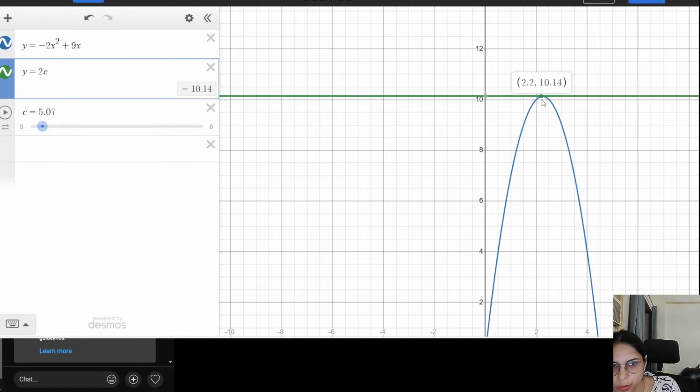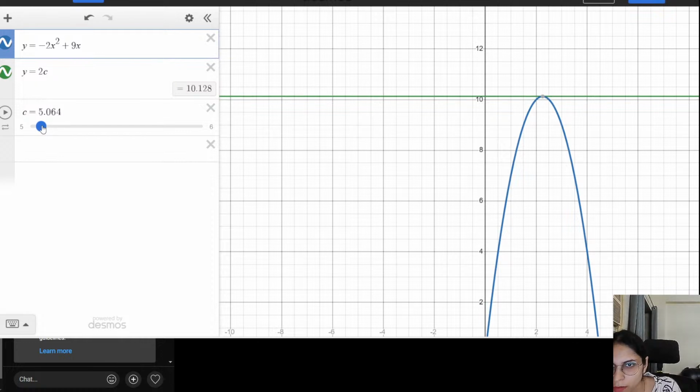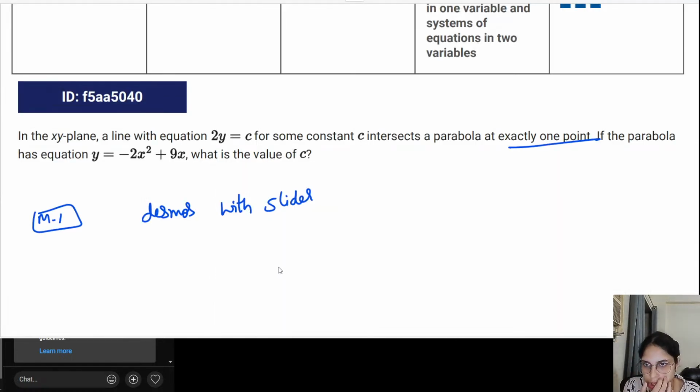Oh, so the value of C is 5.07. 10.1248. Yeah, so this is not helping us a lot. So we'll use the second method.